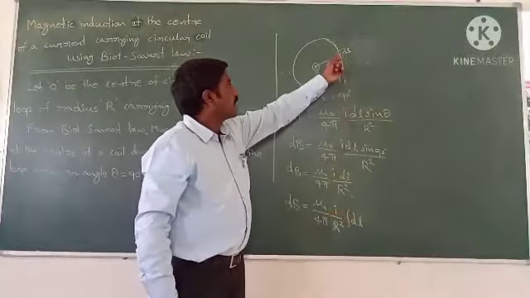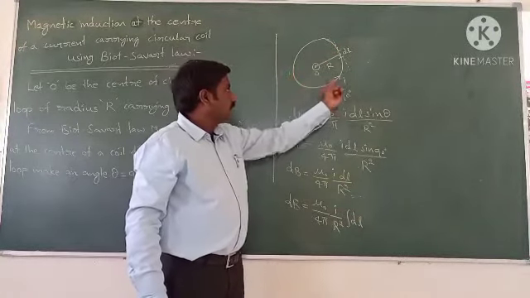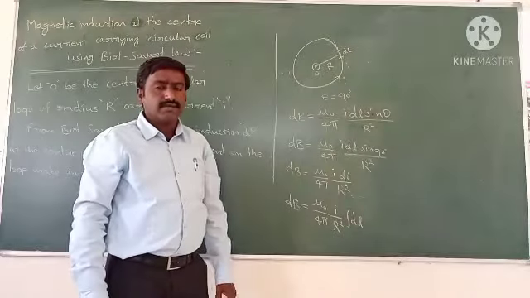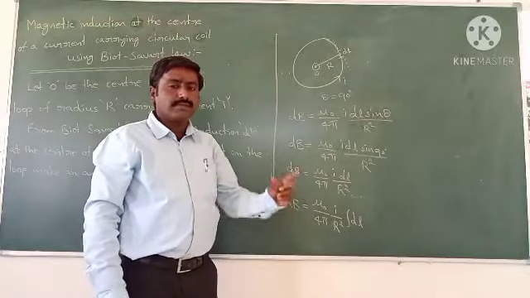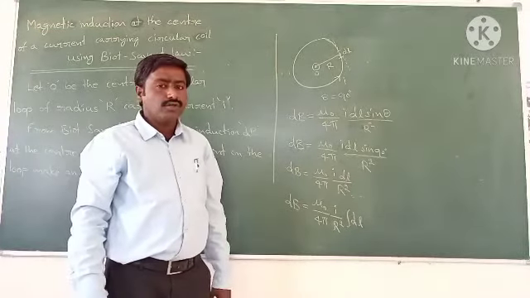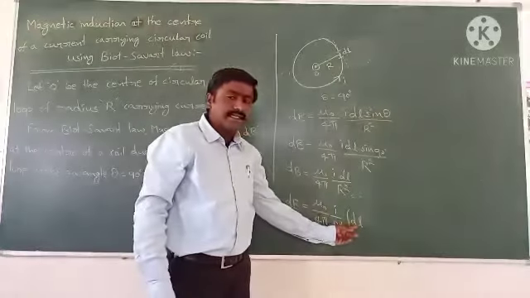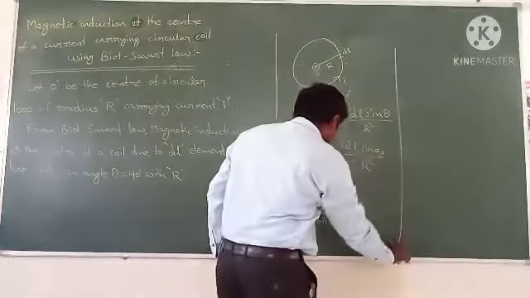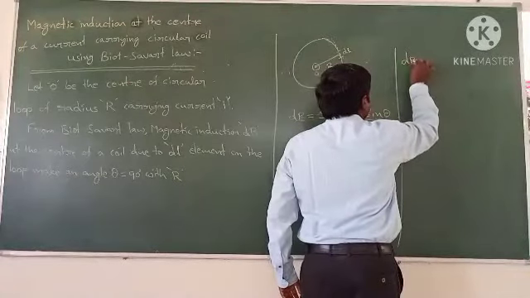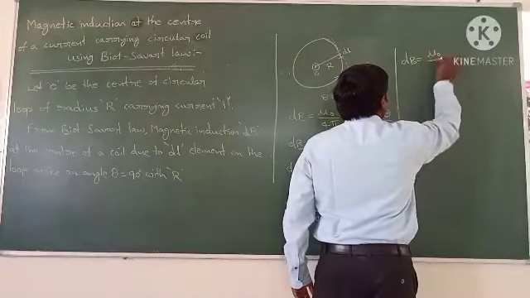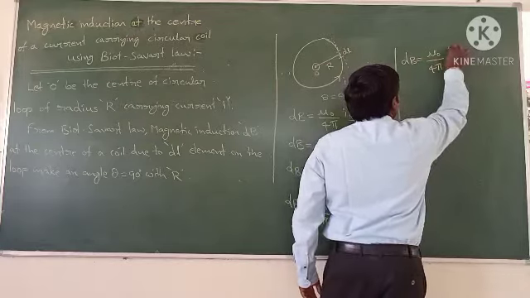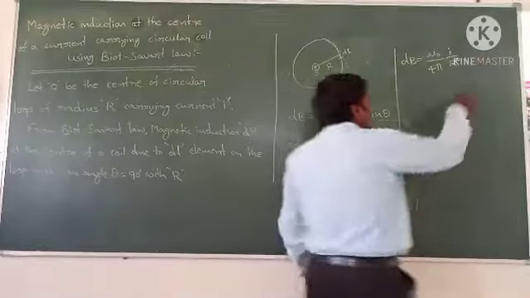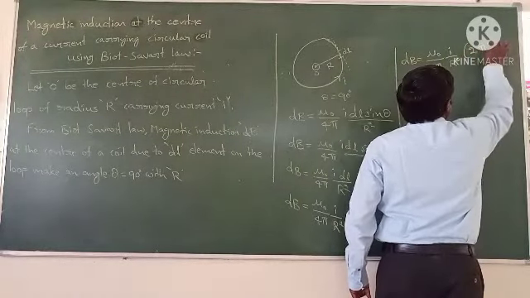So integral dl means what? This entire length. So what do we call this entire length? Circumference of the circle. What is the formula for circumference of the circle? 2 pi r. That means integral dl equals 2 pi r. So that means B equals mu naught by 4 pi, I by r square, times 2 pi r.